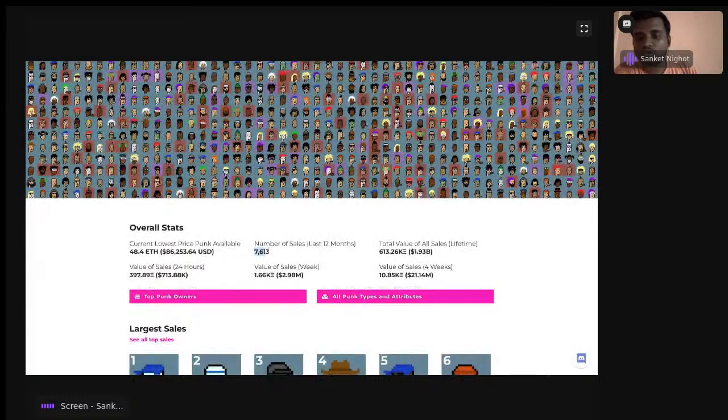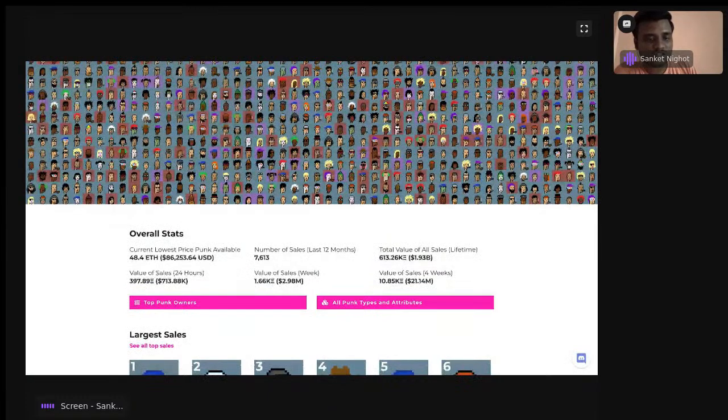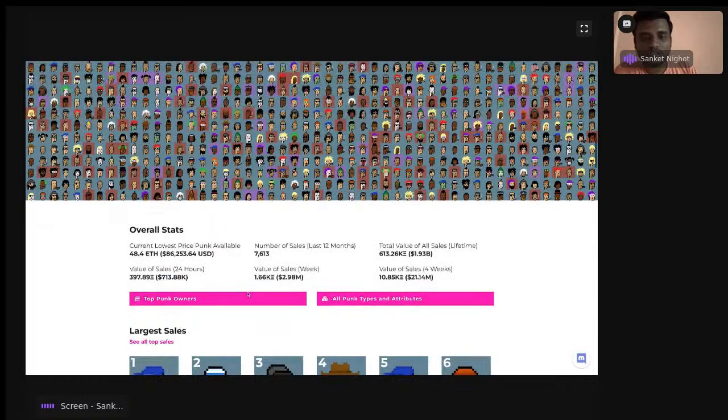The total lifetime value of all the sales is 1.93 billion. So this project has earned 1.93 billion from the sale of these NFTs. The value of sales in 24 hours is around 713K.